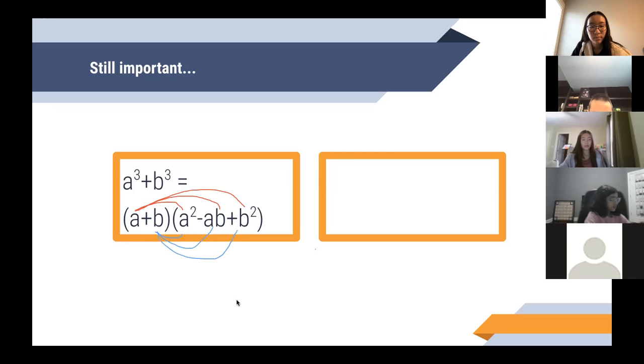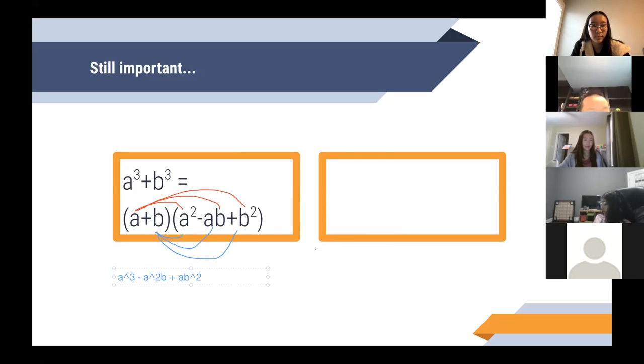This one is a little bit more confusing, it just has some extra steps. So A times A squared is A cubed. A times negative AB is negative A squared B. And then A times B squared is AB squared.